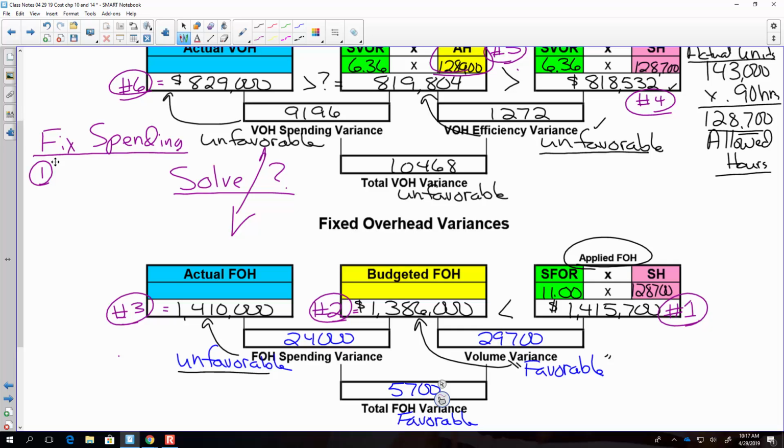Is it really a matter of fixing the stuff? Our variables are going to be off because we produced 3,000 more than we planned, but we've accounted for that difference through using actual hours. So that's not causing my variance here. I've accounted for the actual being more.